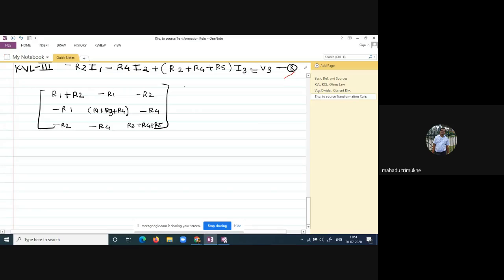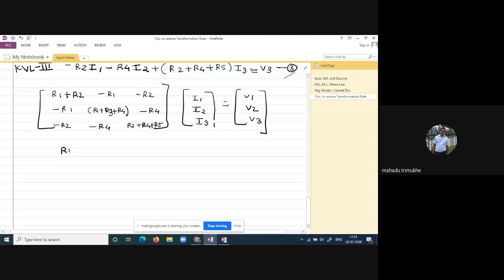So we write this I1, I2, I3 in terms of V1, V2, V3. Now in general form, how do we write that?